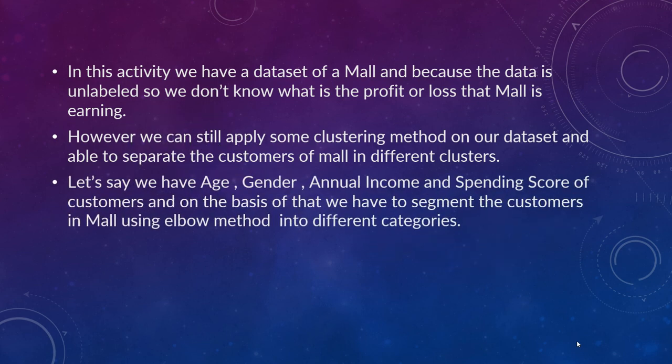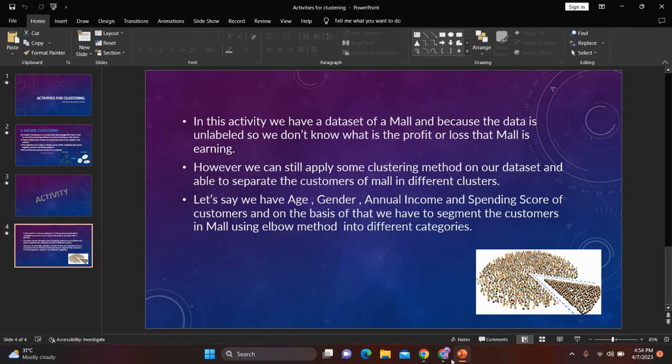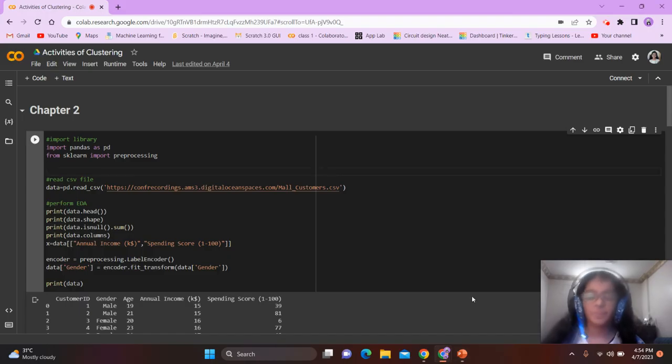Let's say we have age, gender, annual income, and spending score of the customers. On the basis of that, we have to segment the customers in the mall using the elbow method into different categories. So let's move on with the coding activity.